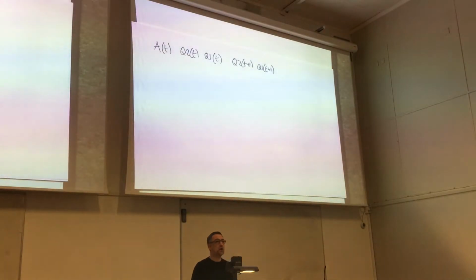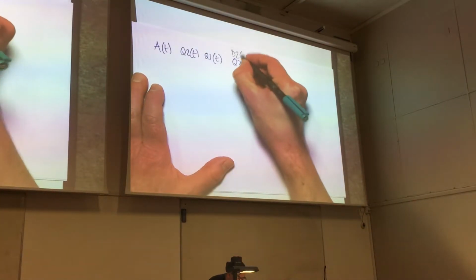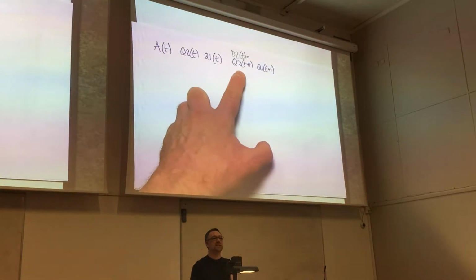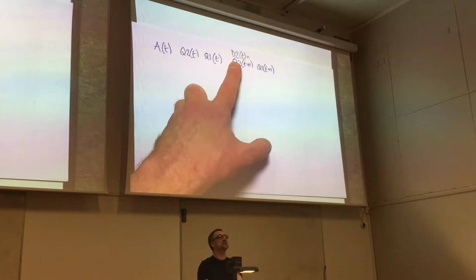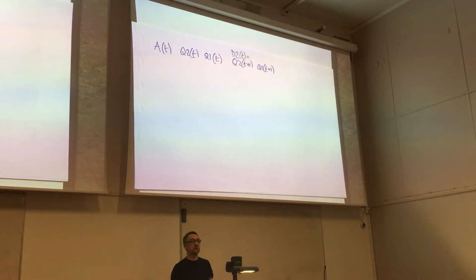Now you know, I hope, the way D flip-flops behave, that the Q2 of t plus 1 column will tell you exactly what the D2 of t column has to be, because that's how a D flip-flop is controlled. Whatever you want to come out at time t plus 1, you better put in at time t. It's a delay flip-flop.